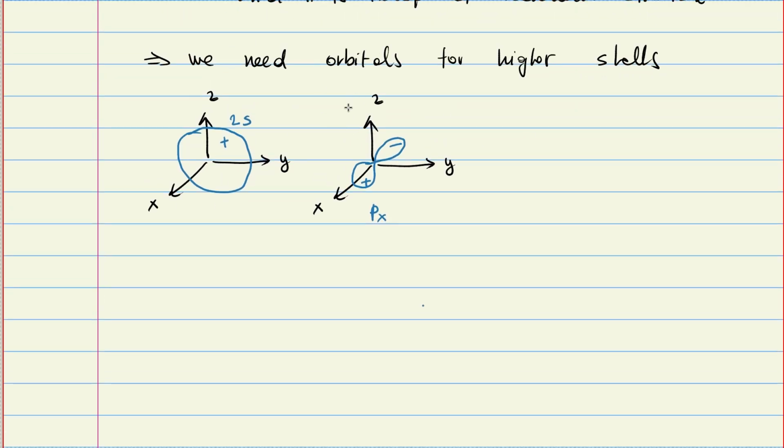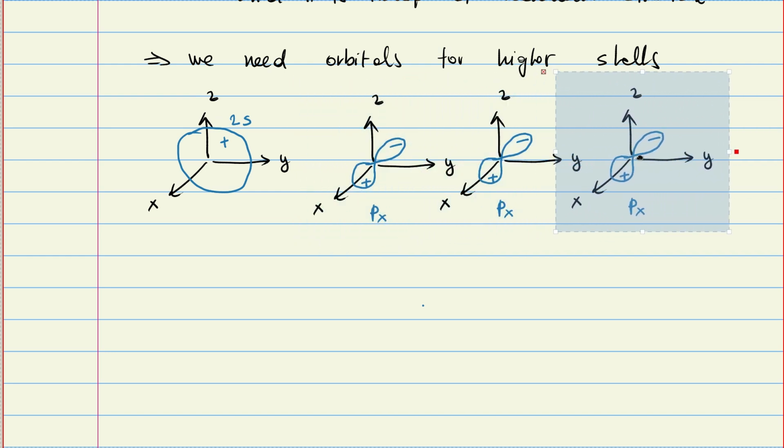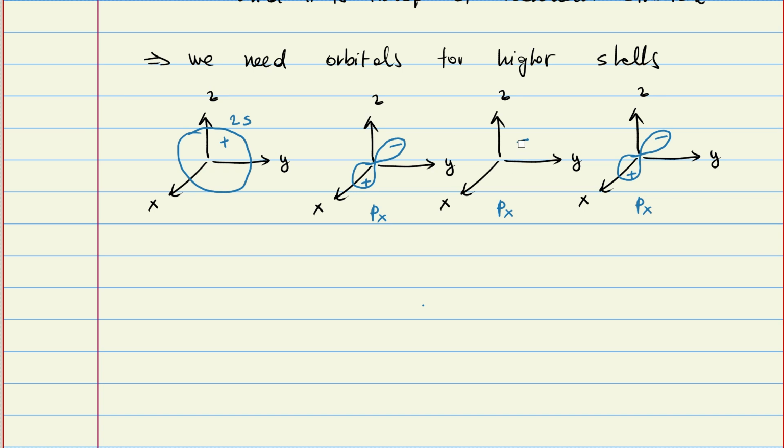So this is px. I can have a p along y, and I can have a p along z. So let me also draw that. This is py, and this is pz. And the sign I chose here is plus or minus, and this is plus or minus.